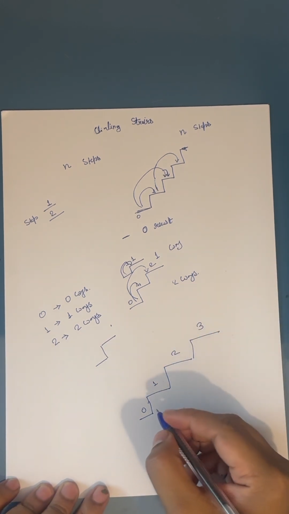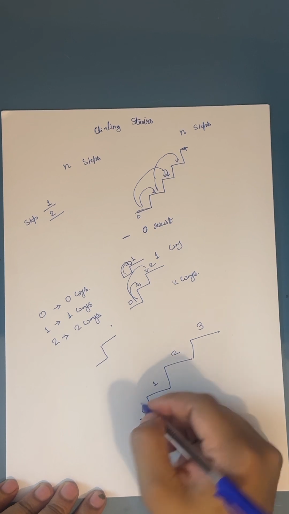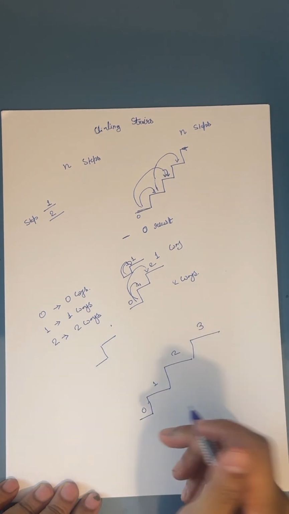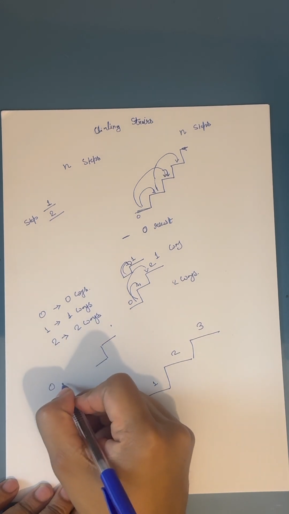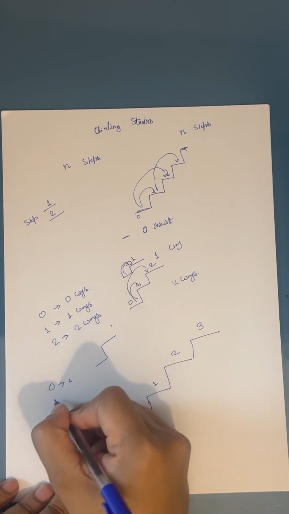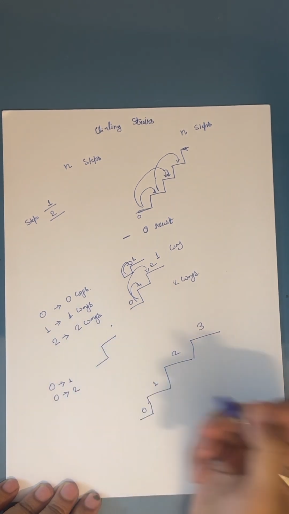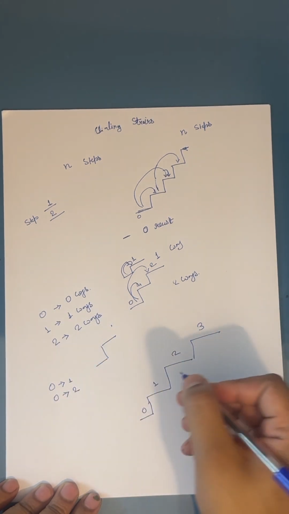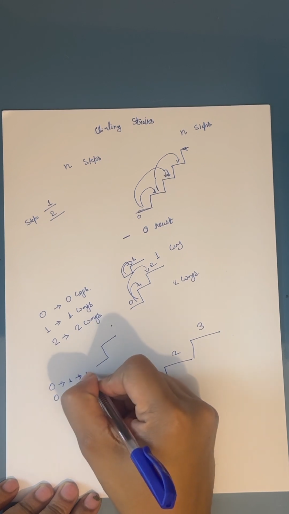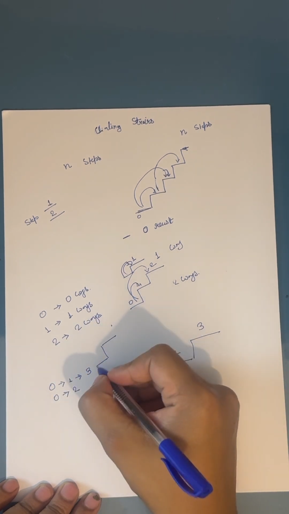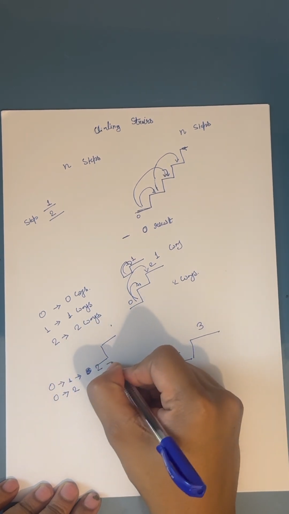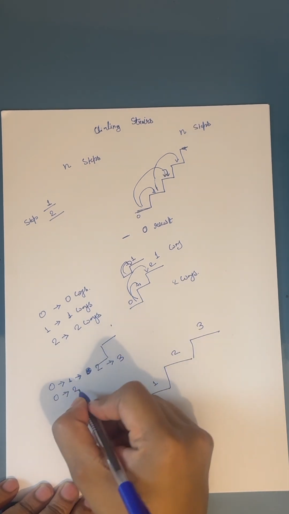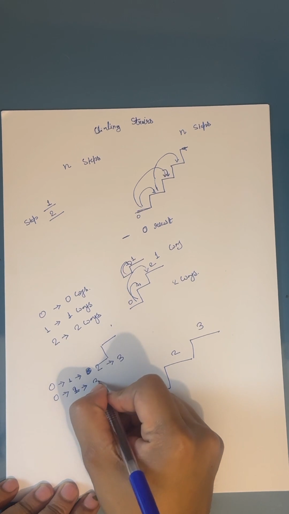So what you can do, firstly, what are the combinations? You can go from 0 to either 1 or 0 to 2, right? Now you can go from 1 directly to 3, or 1 to 2 and then 2 to 3, or you go 0 to 1 then 1 directly to 3.